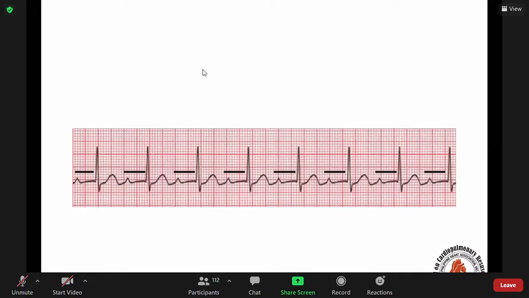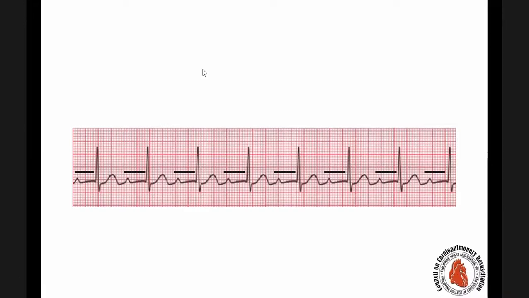I think you know how to compute the PR interval. Because one small square is 0.04, so you need to memorize that. So if this is 8, compute. 8 times 4, 32.